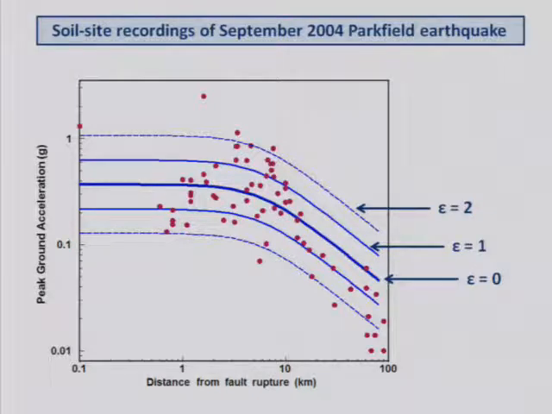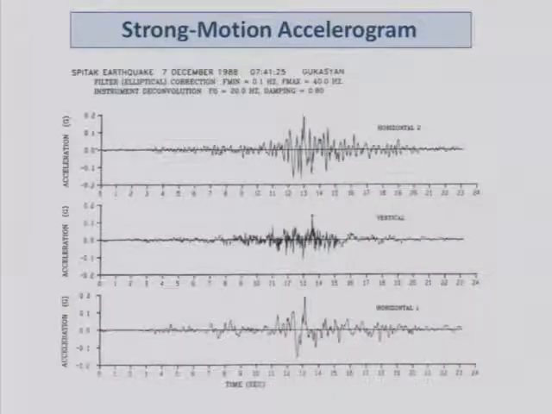The scatter is large and it's genuine. So if you were to focus on the first 10 kilometers from the fault, we can see values from just over 2 g to about 0.08 g at comparable distances from the same earthquake source and on comparable sites. This just seems to be the inherently variable or random nature of earthquake ground motions.